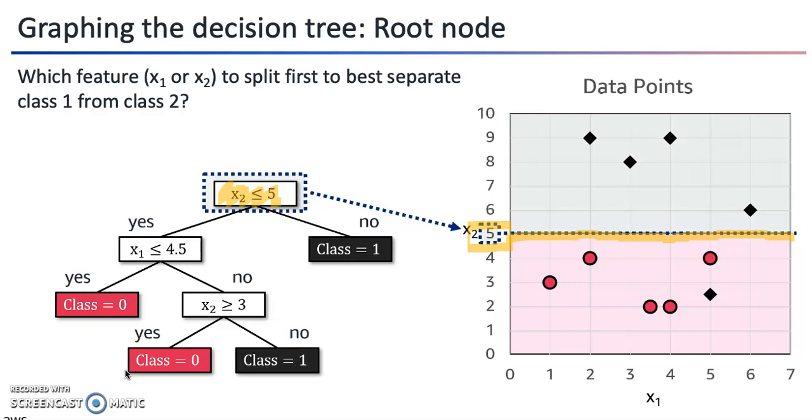To find a good split condition, we would select a feature and select the value that best separates the data points in that column or feature. So for example, for the feature we're calling x2, the value of 5 basically splits the data almost evenly into two groups.